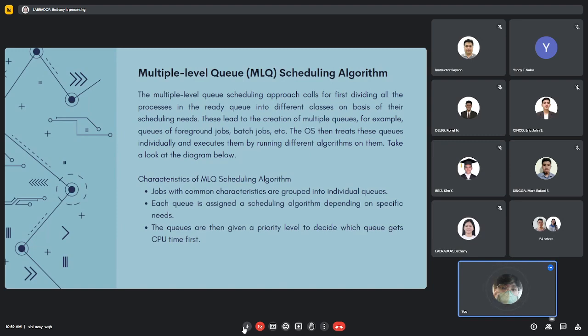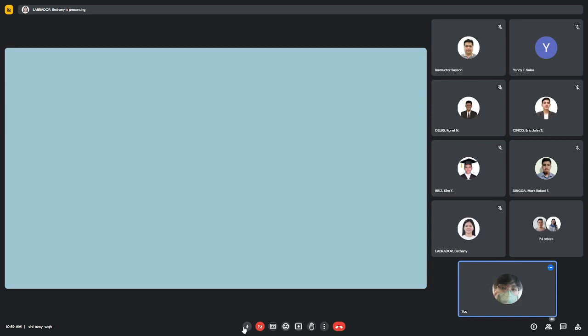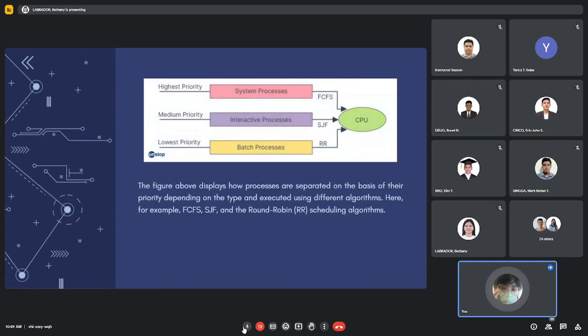So next. This is the three parts of a multi-level queue. The first one is system processes, which is defined as the highest priority, the medium priority is interactive processes, and the lowest priority is the batch processes.